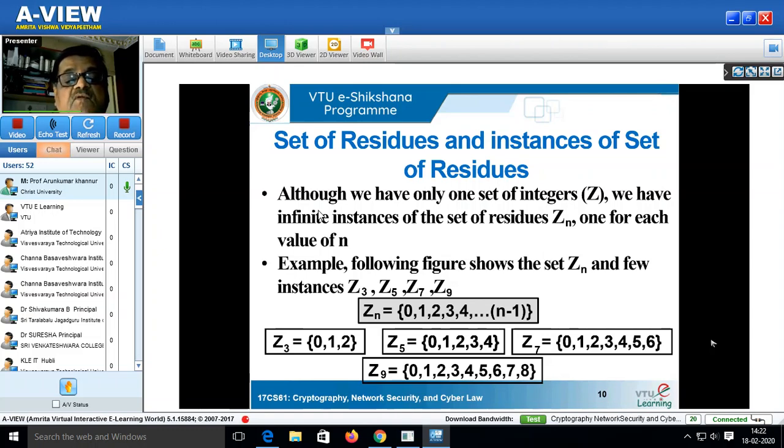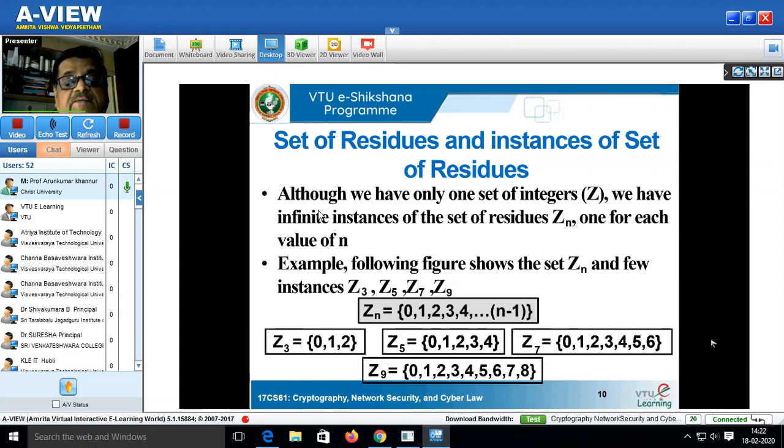For example, the following figure shows the set Zn. Based on what value we give to n, we are going to create the set Zn. Now, if the n value is 3, all the values from 0 up to 3, excluding 3, will be listed under Z3. Z3 is going to have 0, 1 and 2.